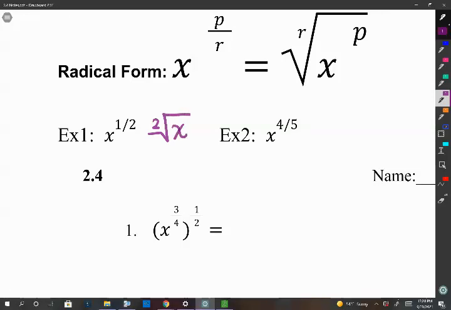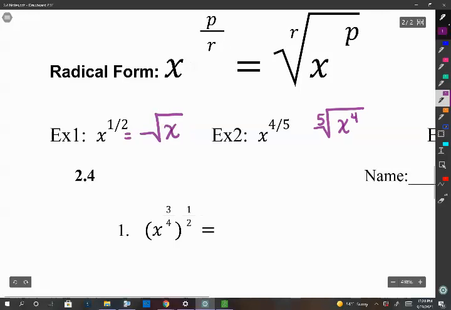Most of the time we deal with square roots. What happens is we don't really put that index there. So x to the 1/2 power is the same thing as just taking the square root of something. So when there's not a number there, it's like there's an imaginary 2. But if I was looking at example 2, then the 5 sits on the shelf, or is your R value, and the x to the 4th is on the inside.